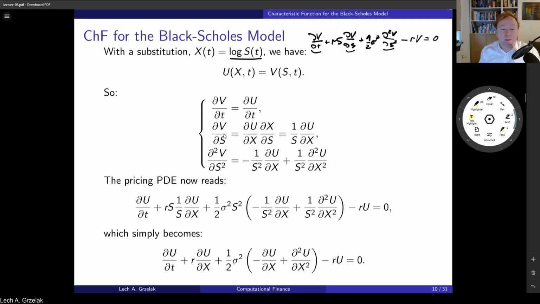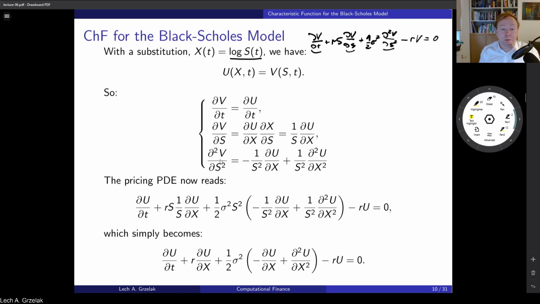For the first and second order derivatives with respect to S, we have to apply the chain rule. So the derivative of u with respect to x, times x with respect to s, and since it is a log transformation, the derivative of log of s is simply 1 over s. For the second order it is the same: we take the first-order derivative and compute a second derivative.